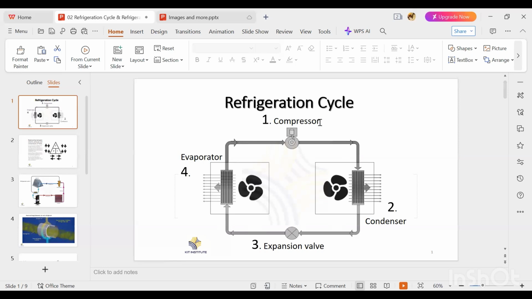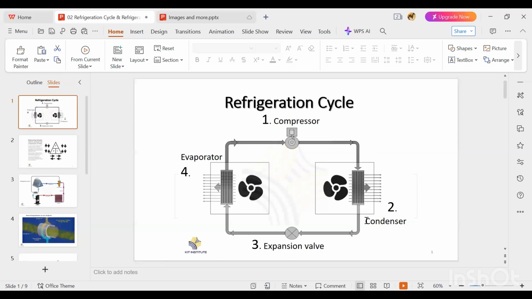So this compressor is going to be compressing that refrigerant and then pushing it around the system, just like the heart pumps blood around your body. The next component after the compressor is the condenser coil. This is going to be removing heat from the refrigerant and dispersing it to the environment.